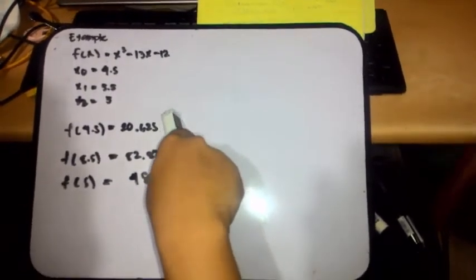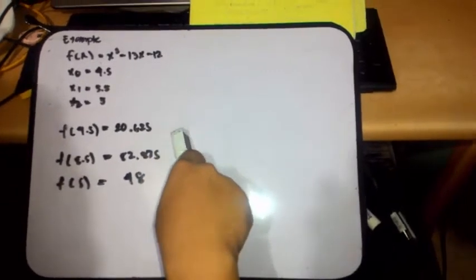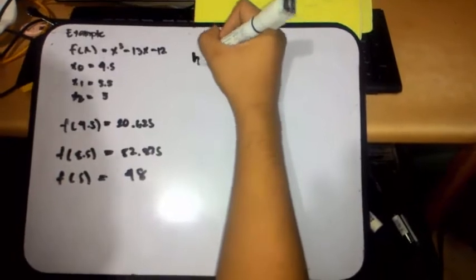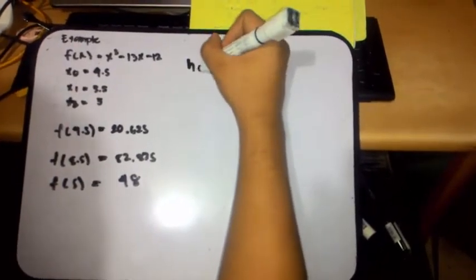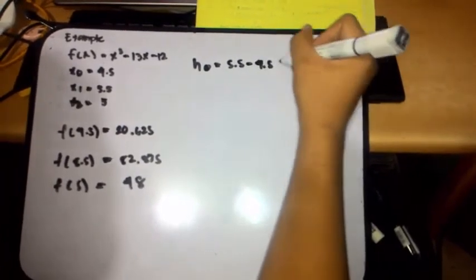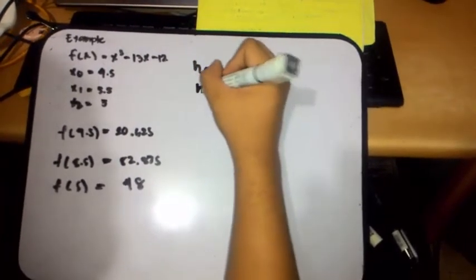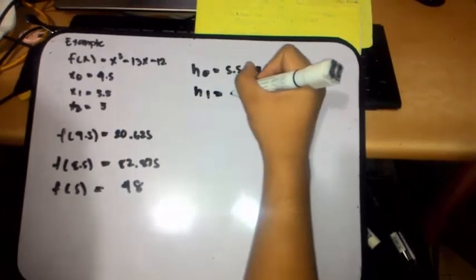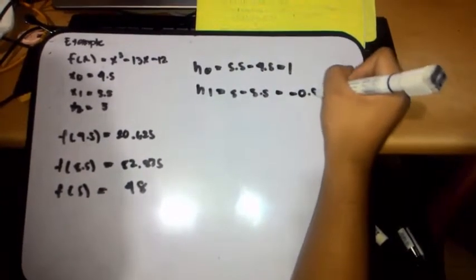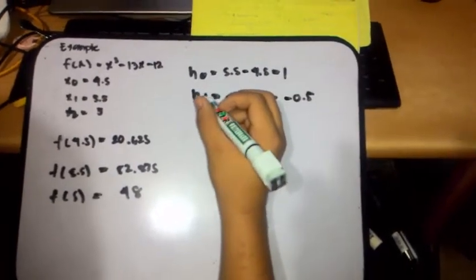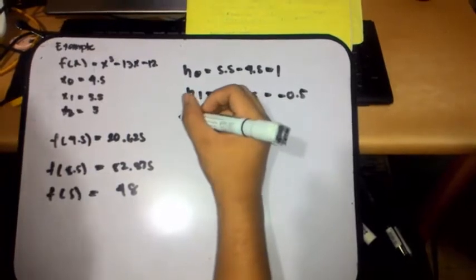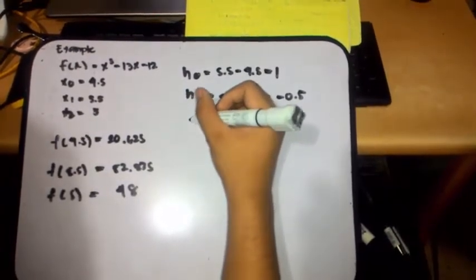Now, with the function values of x sub 0, x sub 1, and x sub 2, we can use the following formulas for Muller's method. h sub 0 is equal to 5.5 minus 4.5, which is 1. And h sub 1 is equal to 5 minus 5.5, which is negative 0.5. We can use these to get delta 0 and delta 1.